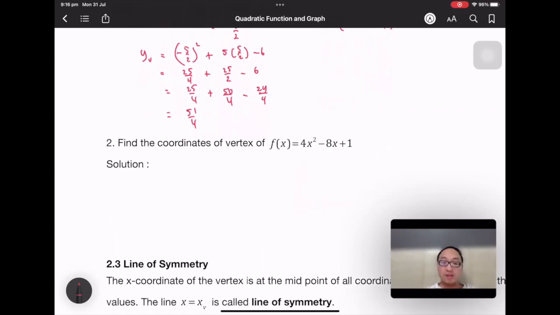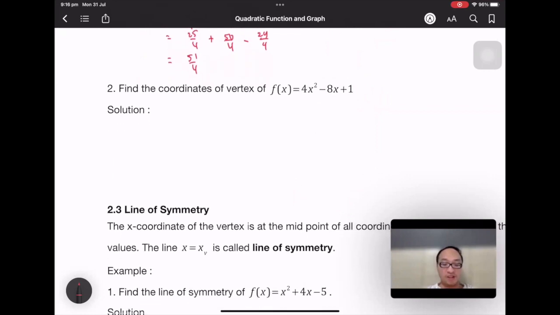Number 2. Find the coordinates of the vertex of f(x) equals 4x squared minus 8x plus 1. Using the formula minus b over 2a, a here equals 4 and b equals negative 8.